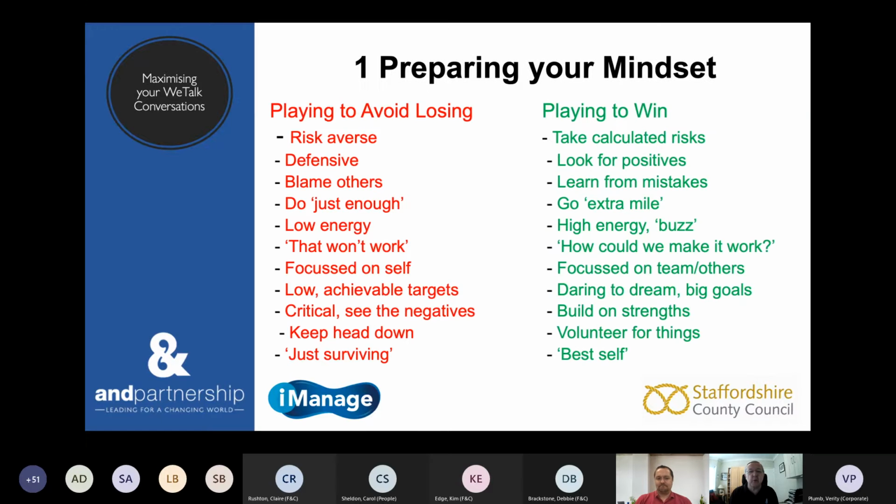So what else does playing to win look like then? Here's a list of the sort of behaviours that you might see with preparing your mindset, playing to win versus playing to avoid losing. In the playing to avoid losing space, you might see people who are risk averse, defensive, blaming others, doing just enough, low energy, that won't work. I'm sure you can think about some people in your teams that do often stray into this mode, keeping their head down, being critical, seeing the negatives, just surviving.